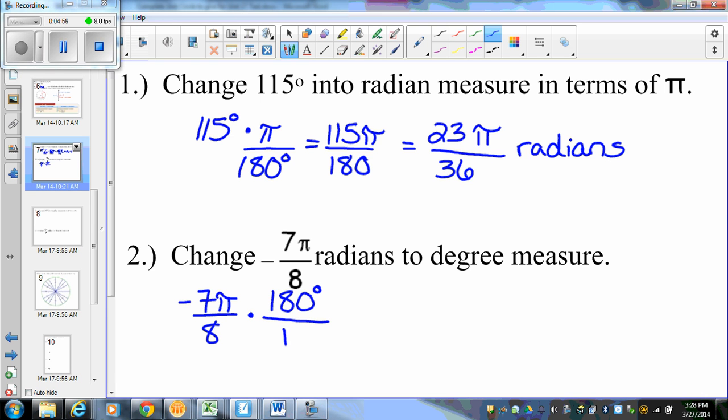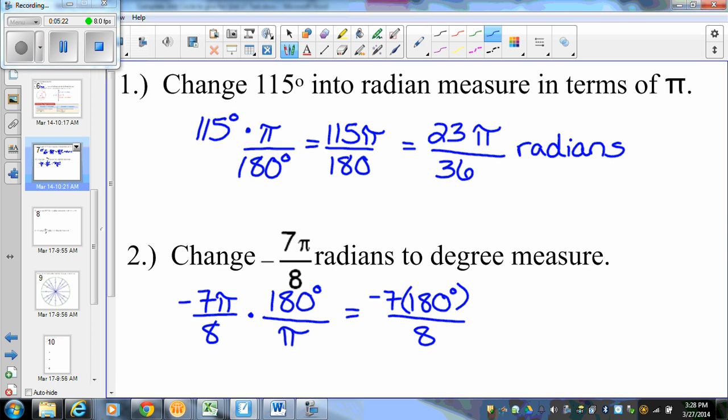Even more importantly, we don't typically have pi symbols in our angle measures if they're in degrees. So I need my pi to cancel out, which would mean that I need my pi in the fraction that I'm multiplying by to be in the denominator. So when you do that, your pi's are going to cancel, and so the only real math that you have to do is -7 times 180 degrees over 8.